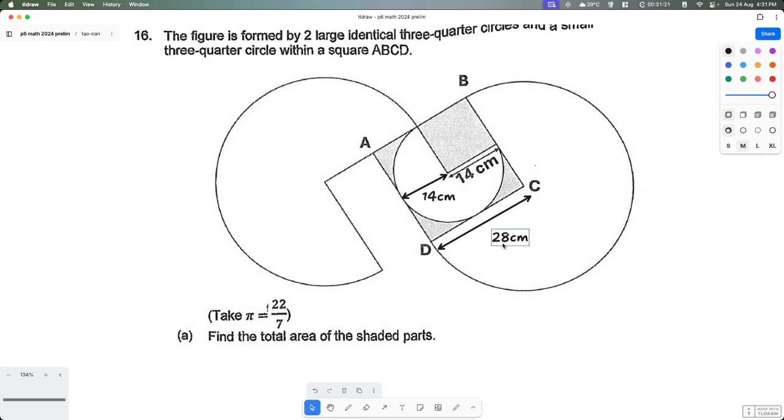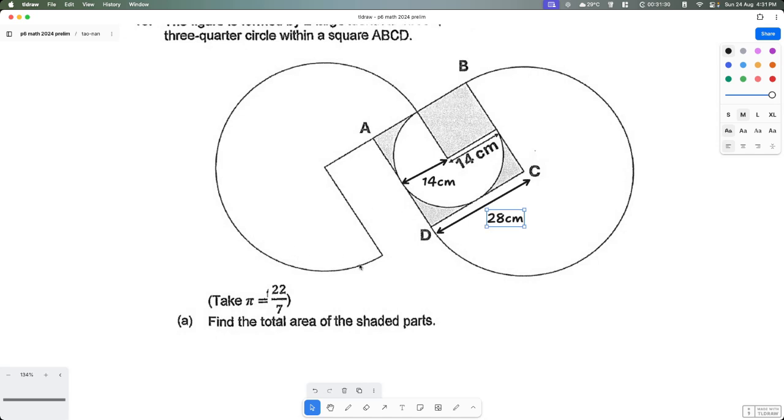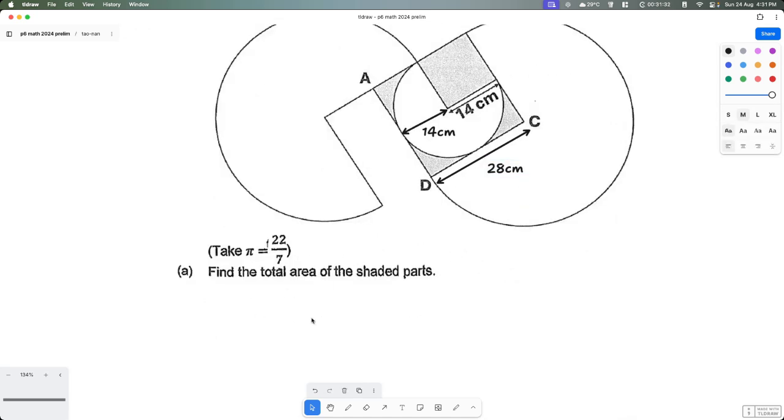Then since we know the side of the square, you can get the area of the square and then minus the 3/4 circle over here. So let's get the area of the 3/4 circle, like a Pac-Man, right? It is equal to 3/4 times pi times radius squared.